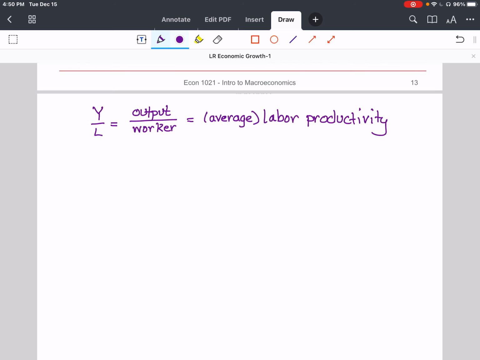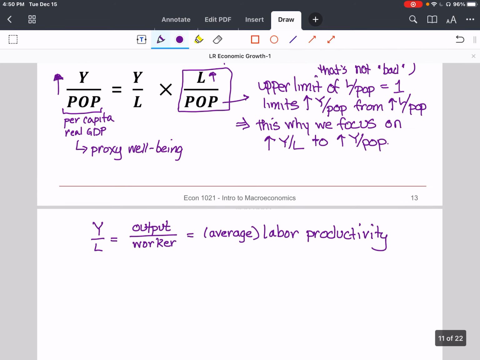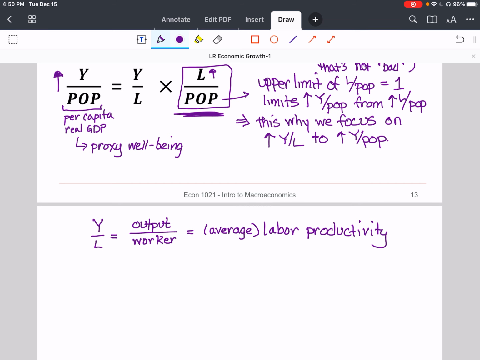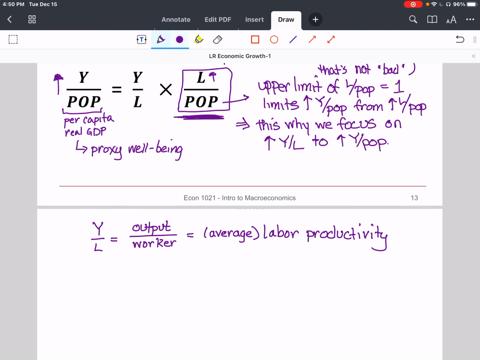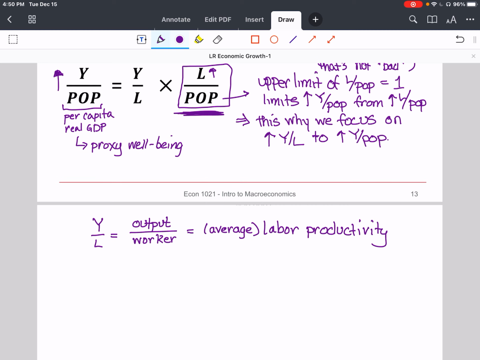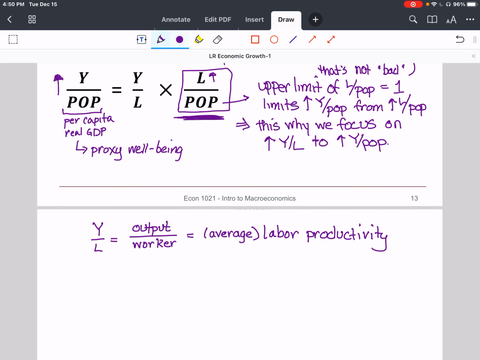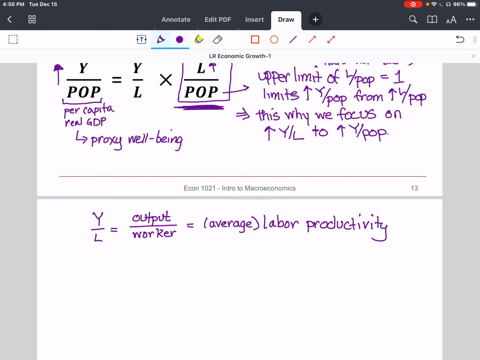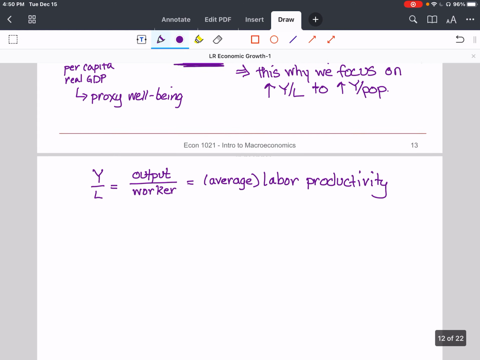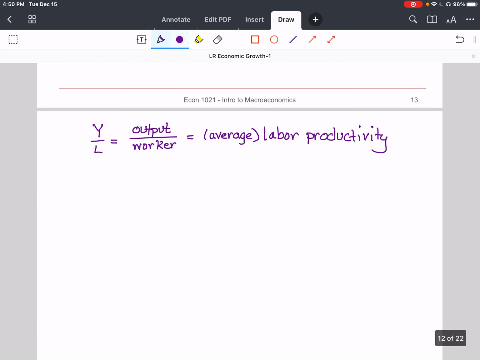Because this number really is effectively bounded by 1, if we want to see increases in our standard, if we want to see increases in per capita real GDP, which proxies improvements in standards of living, we need to think about how we're going to raise labor productivity.